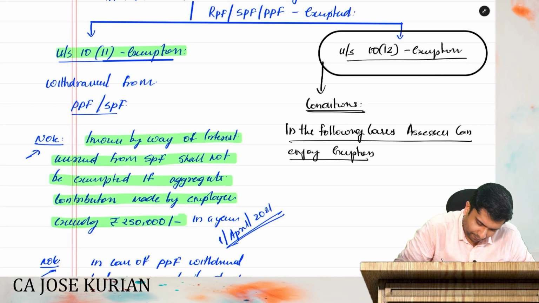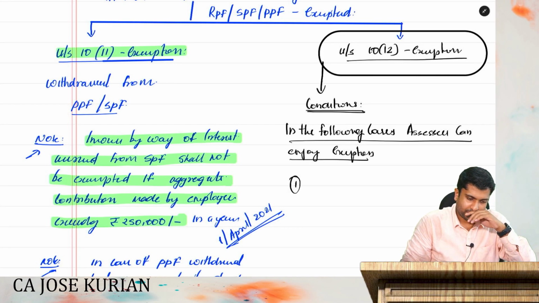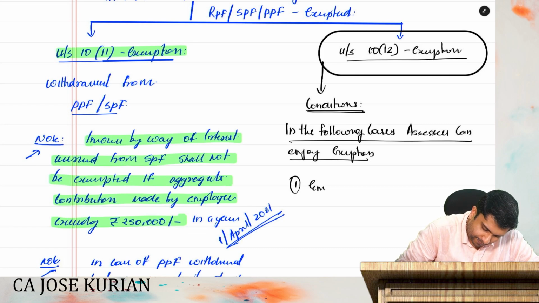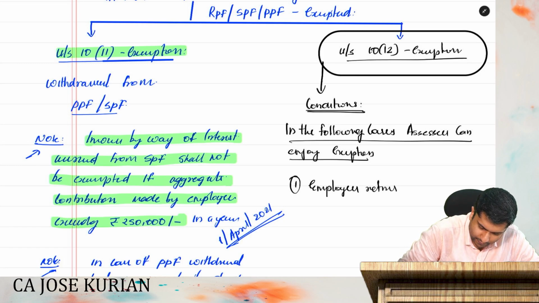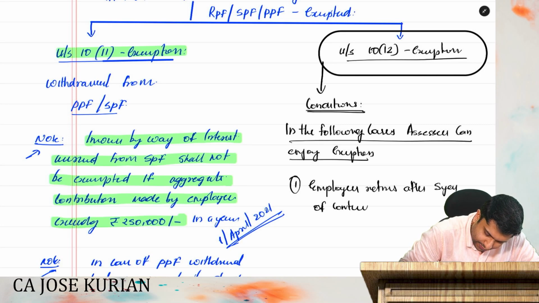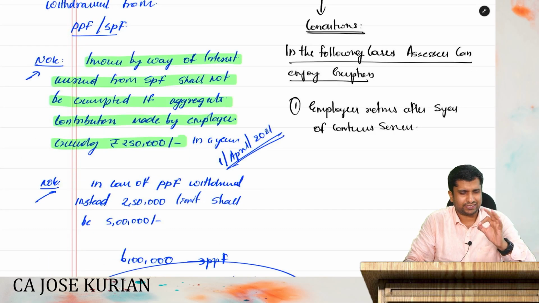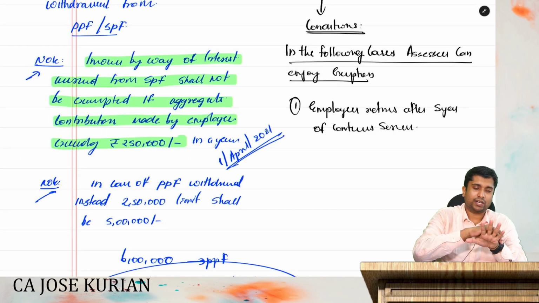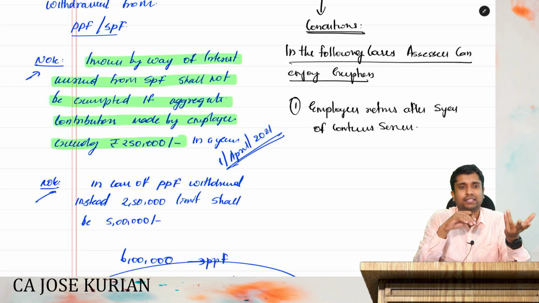Scenario number one: if the employee retires after 5 years of continuous service. Simply means, say you are retiring. Only at the time of retirement you will get this Provident Fund.